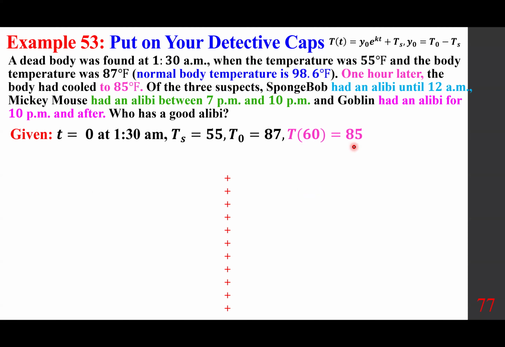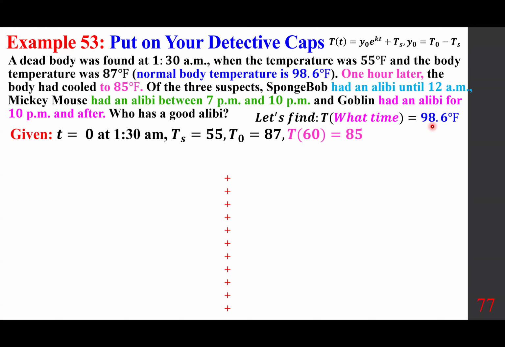So what are we looking for? The normal body temperature should be 98.6. So we have to look for the time that the temperature was 98.6 degrees. So we find the time, what time was the temperature 98.6 degrees Fahrenheit. This is the process we are going to follow.